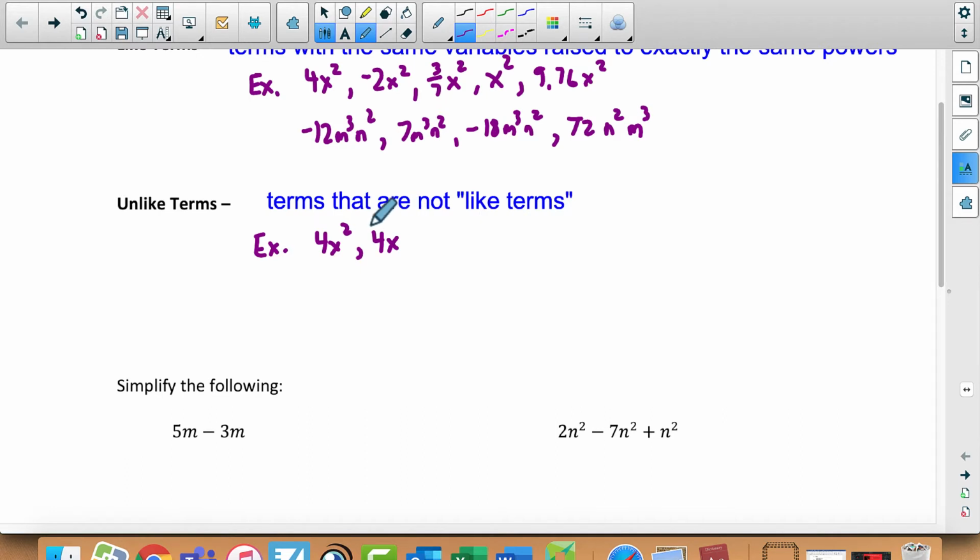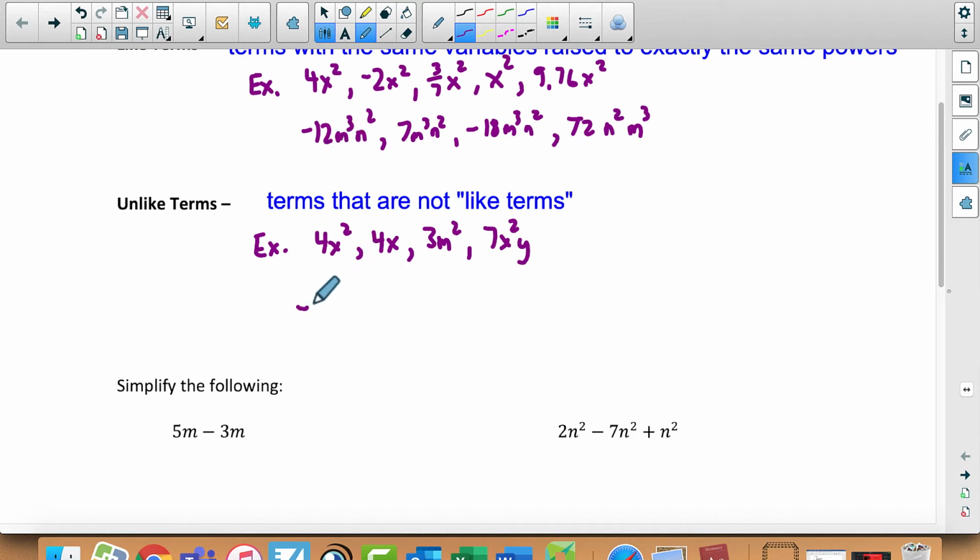This one is an exponent of 1, that was an exponent of 2. What about this? How about 3m squared? It's got the same exponent this time, but now you've got different variables. So those are not like terms. How about 7x squared y? Looks good. I put a y in there as well. No, those aren't like terms because there's no y in this one. So these are all different.